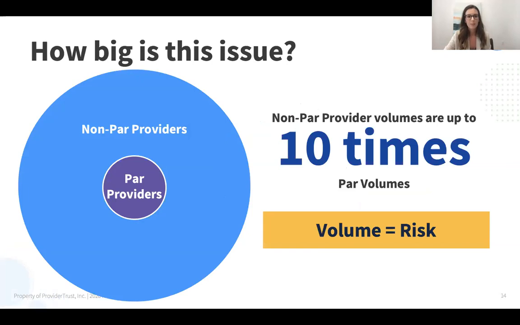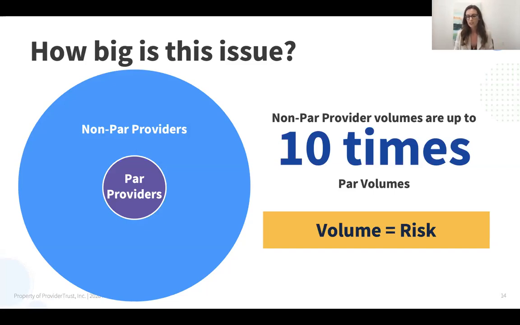As we compare par provider populations and non-par provider populations, what we see is a dramatic difference in size. Now, there's obviously a control here for utilization, so you see way more claims per provider for pars than your non-pars. And that population can vary based on your data hygiene practices at your plan as well.